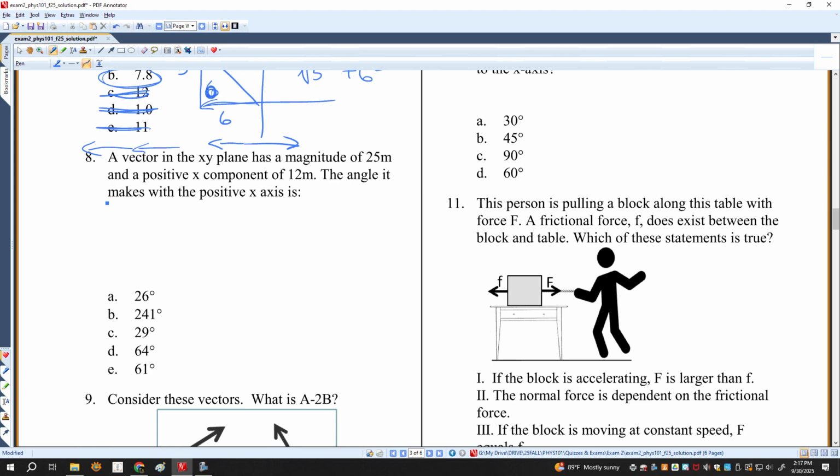A vector in the xy plane has a magnitude of 25 meters and a positive x component of 12 meters. Let me think about this. I'm going to have to add something. Hold on.